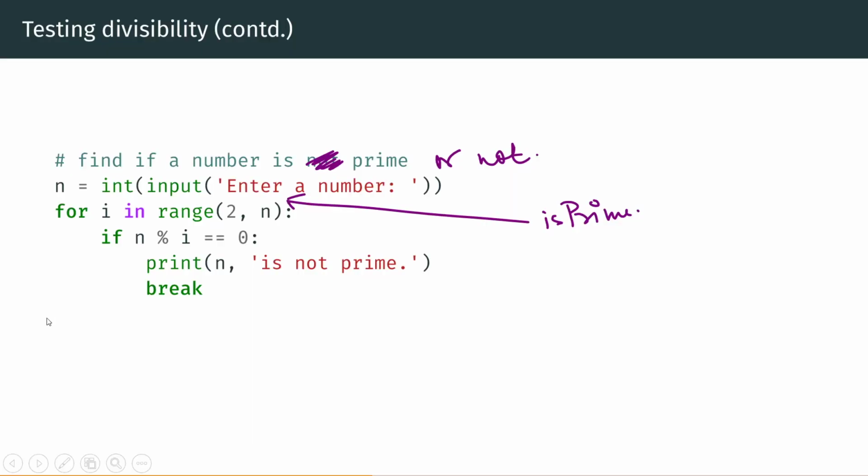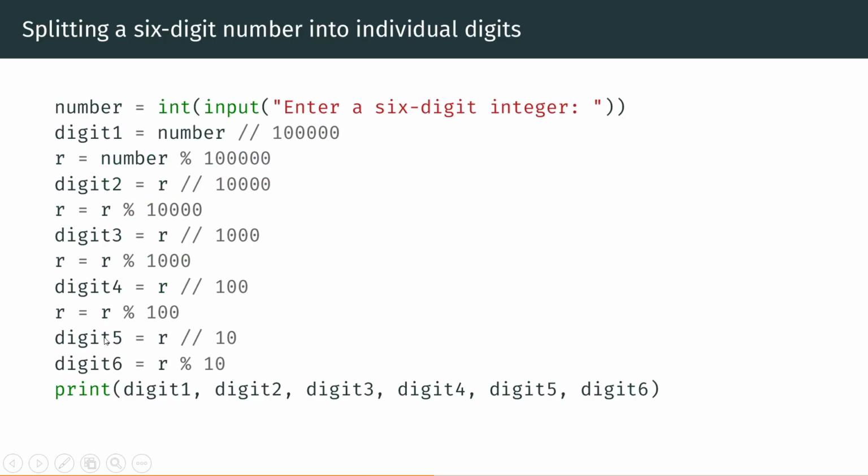Okay, so the next type is what we have seen before, splitting a number into individual digits. And as you might already see, it's a bit messy. But if you use the divmod function, with a small d, it becomes much easier.